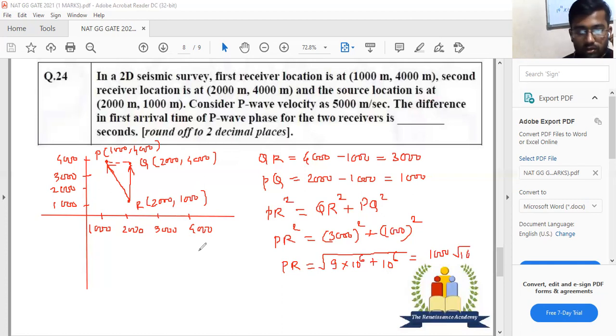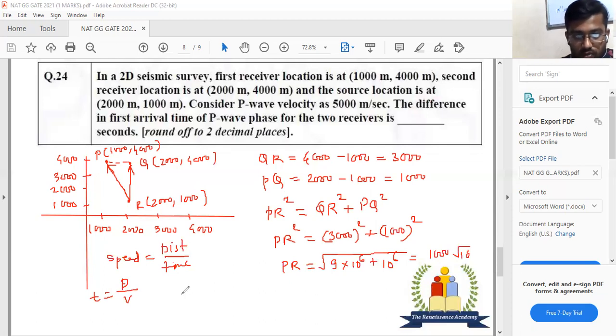Now we have the basic formula, that is speed is equal to distance upon time. So time is equal to distance upon speed, or you can say velocity. Now we need to calculate the difference in first arrival time of the P wave phase for the two receivers.